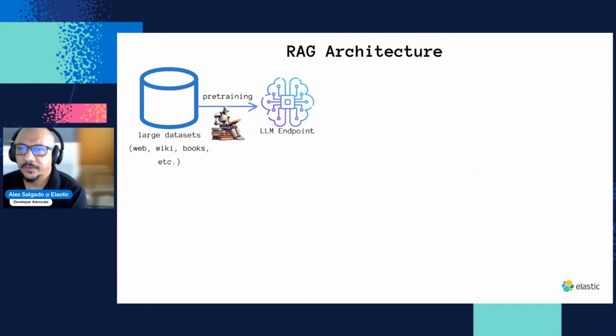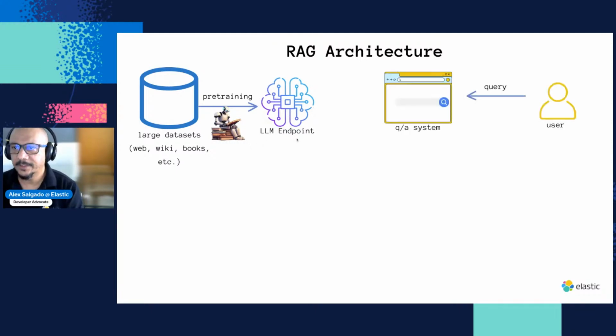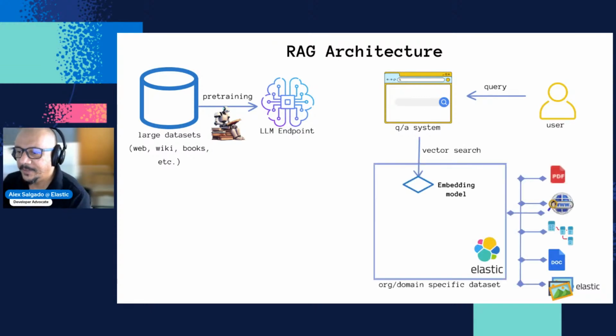So back again to the RAG architecture, we have our LLM with pre-trained data from a lot of large databases like the web, wiki, books, etc. And on the other side, you have our users who would like to perform some query inside the LLM model, but to avoid limitations like hallucinations and outdated information, you need to put a specific data set between them.